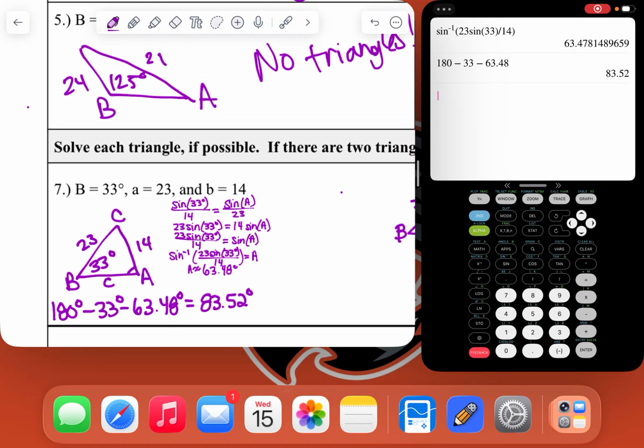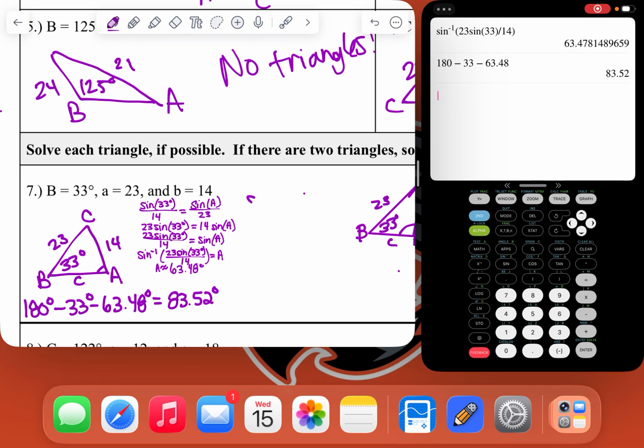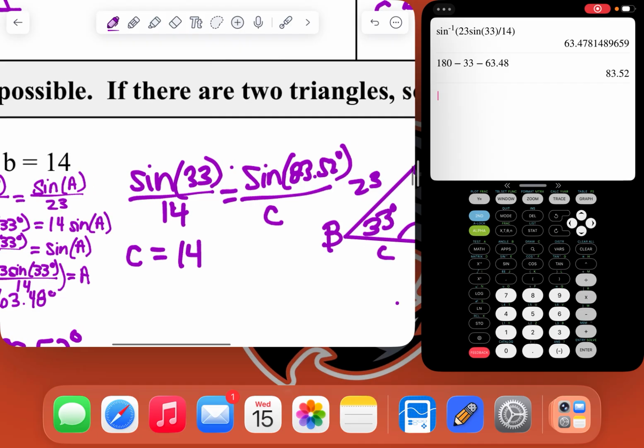And then we can set up a ratio to solve for the length of side C, now that we have that angle measure. So we'll stick with sine of 33 over 14, since they gave us that in the problem. And now we'll do the sine of the 83.52 divided by side length C, and we'll cross multiply and solve.